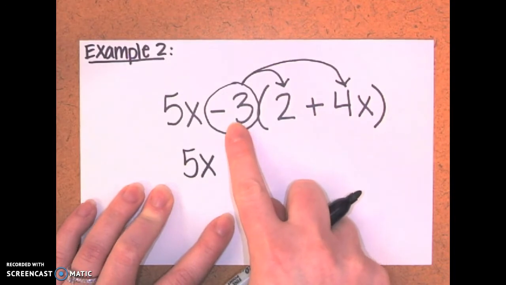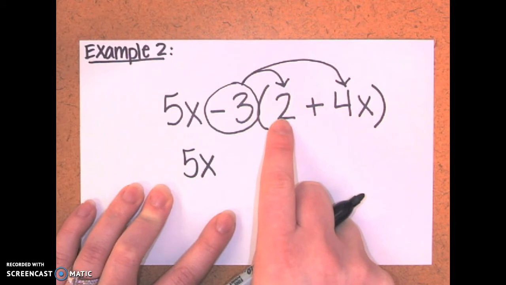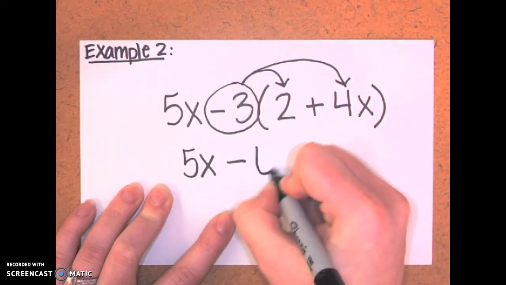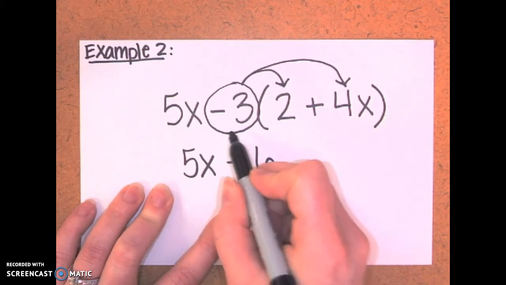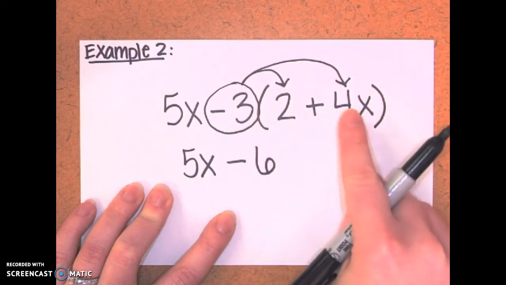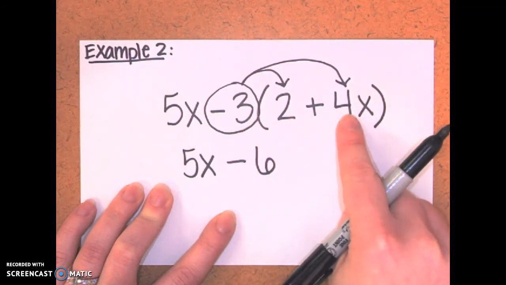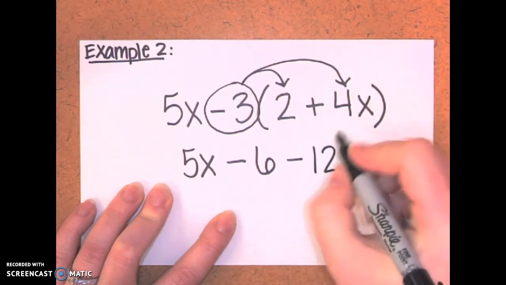And then -3 times 2, a negative times a positive is a negative. And then -3, this is a positive 4. So -3 times 4 is going to be -12. And I'm going to put the x with it.